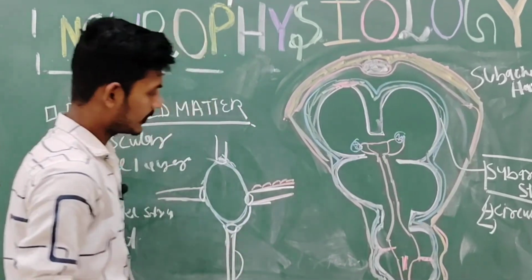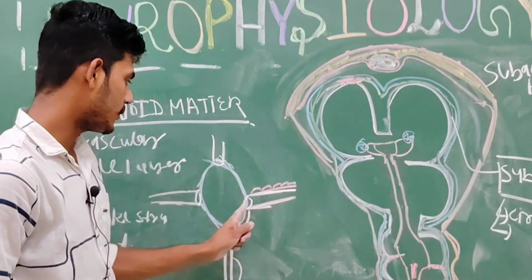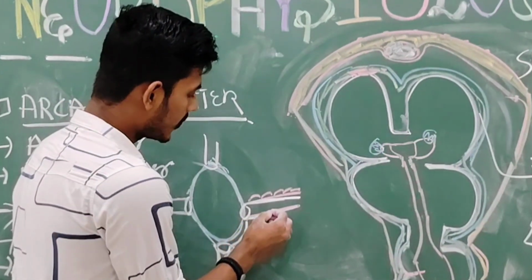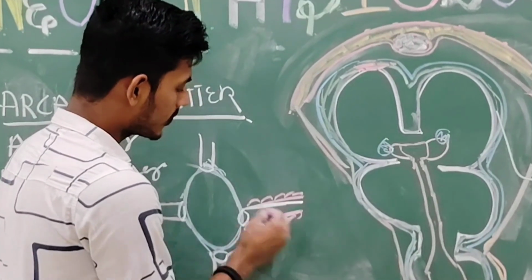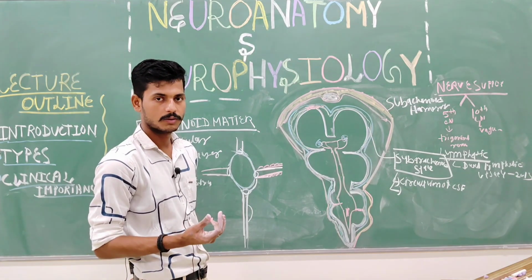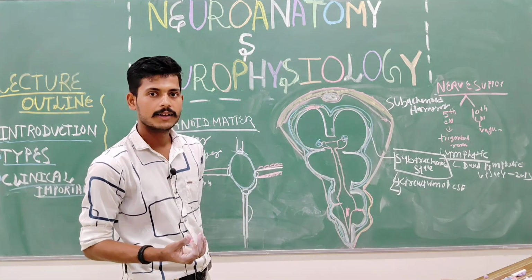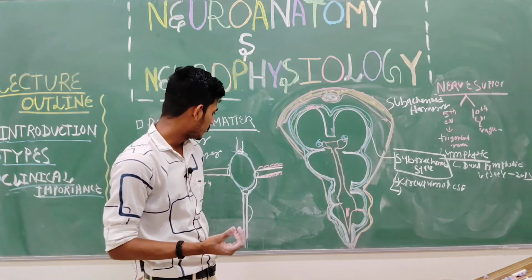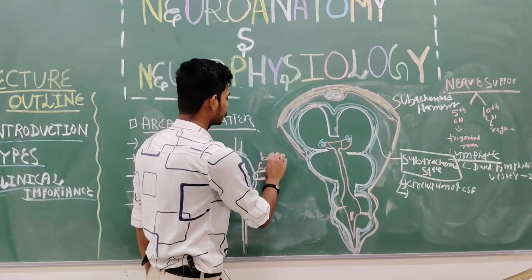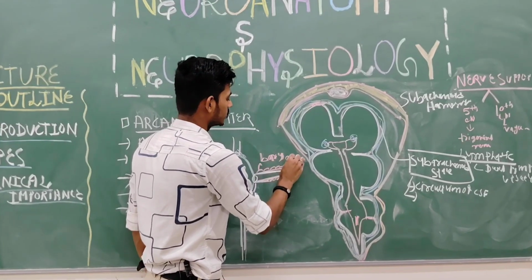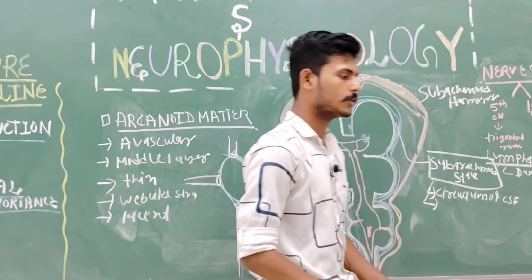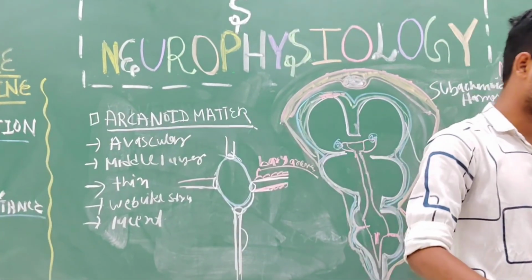The arteries forming the circle of Willis sometimes have a bulging appearance, and this bulginess is called the aneurysm. They sometimes spontaneously rupture and result in subarachnoid hemorrhage. Understood? And this aneurysm is termed the berry aneurysm, which results in the subarachnoid hemorrhage.